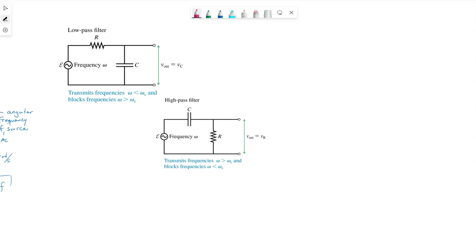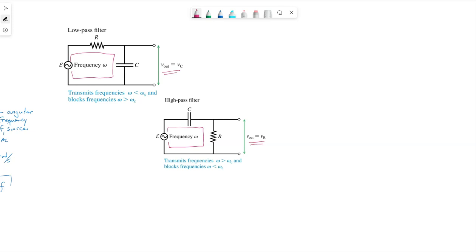If we followed the path, we have the source, the resistor, the capacitor, back to the source up here; source, capacitor, resistor, back to the source down here. So these are both representative of an RC circuit. They're both in series. The order doesn't matter in series. They changed the order, though, to talk about these V outs.